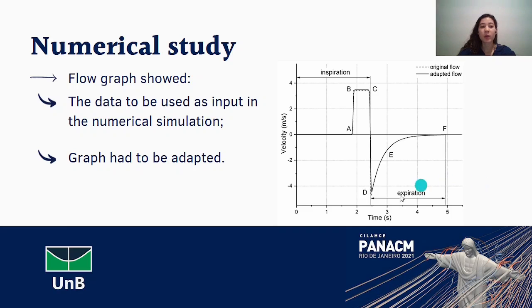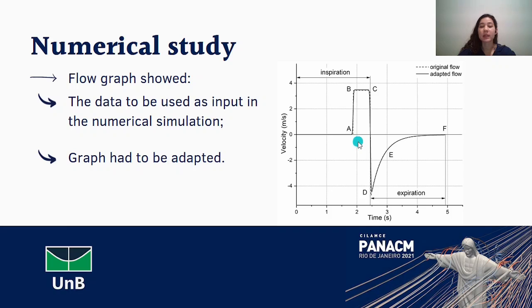The flow graph showed the data to be used as input in the numerical simulation, that is, the velocity. The graph had to be adapted because the velocity gradient should be compatible with the method of solution, and this way, these curves should be as smooth as possible. Here is the adapted curve.